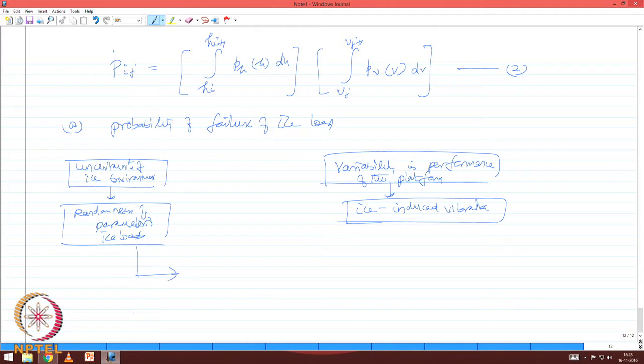Now, these two will actually lead to what we call the failure probability of ice load due to the deck acceleration. Ultimately, this will result in what we have as the short term ice case for dynamic analysis of an ice resistant platform.